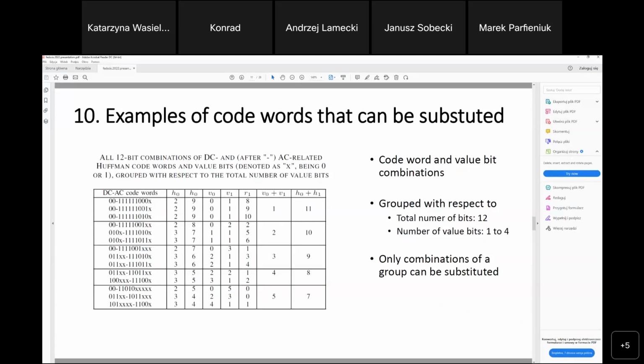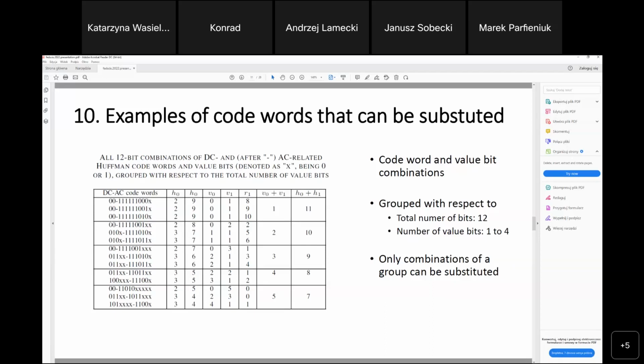These combinations have been grouped with respect to the total number of bits and number of value bits. So we can see one group: there are combinations which consist of 11 bits related to Huffman code words and 1 bit related to value bits.